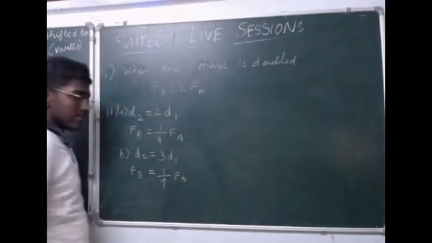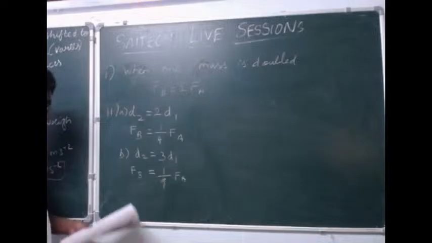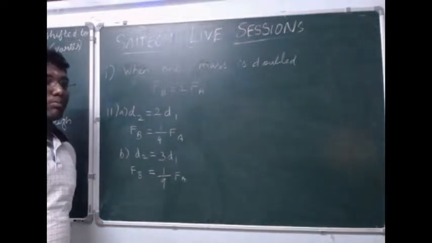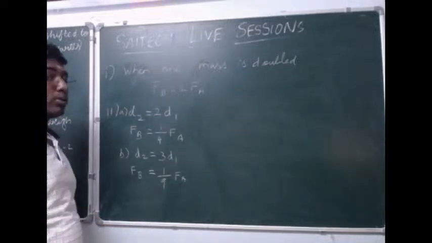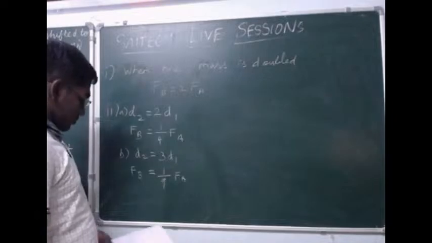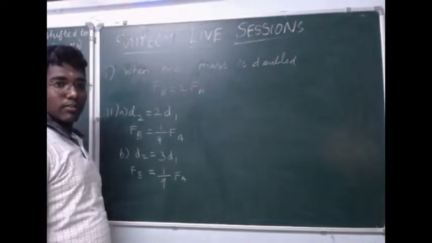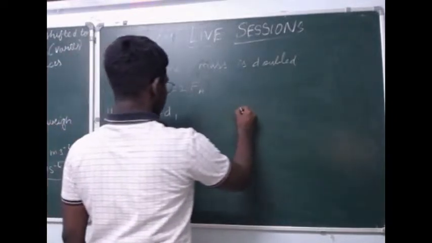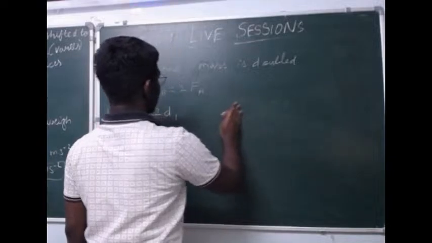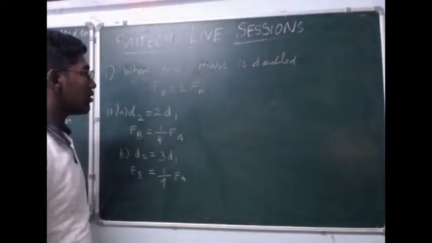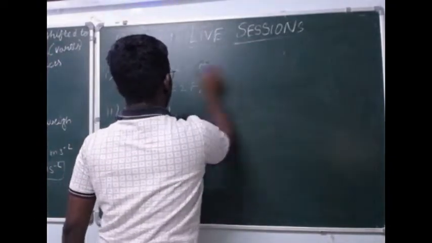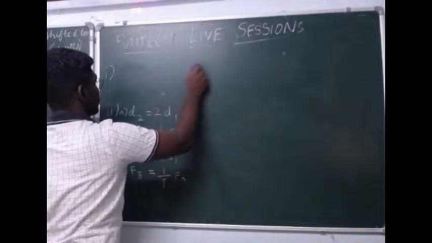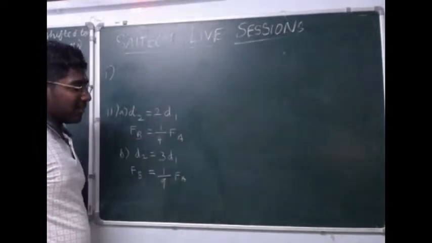Then, third question. The mass of both objects is doubled. So both objects means both M1, M2 doubled. Don't erase here. This is the summary, no? Why did you erase it?